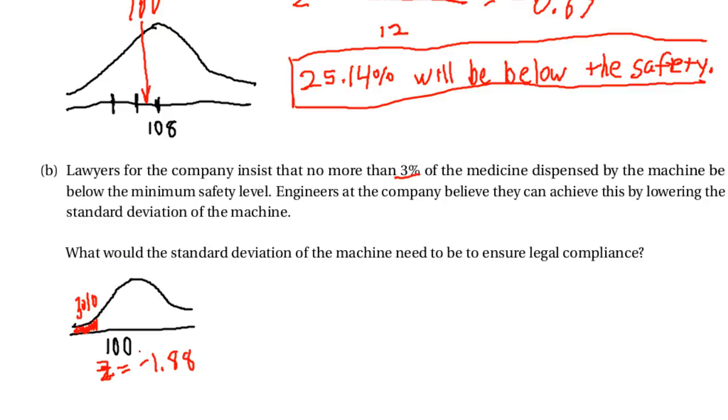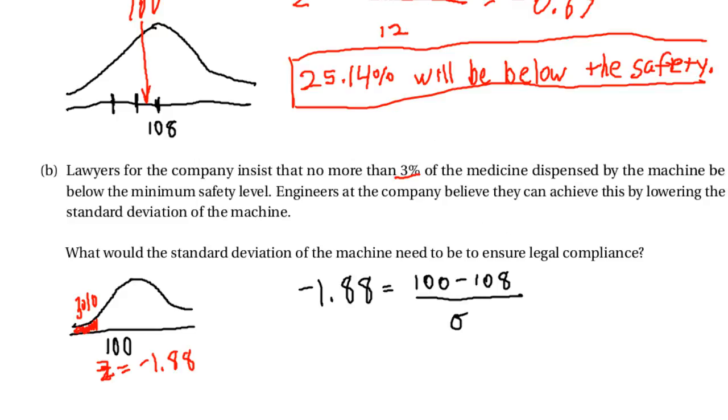Well, how do I make that happen with a standard deviation? Okay, so I know that we're going to end up with negative 1.88. The safety minimum is this 100 against an average of 108. And the problem is I don't know what the standard deviation is. Oh, okay, I see how we're going to do this now.